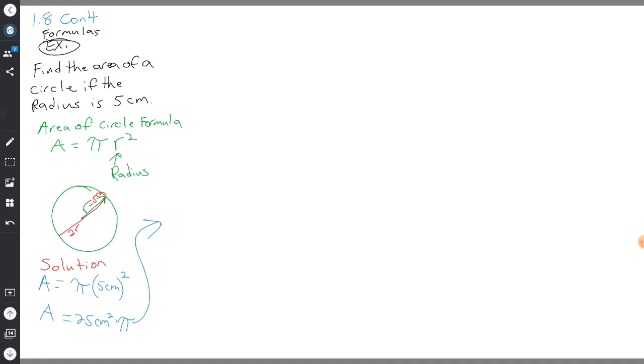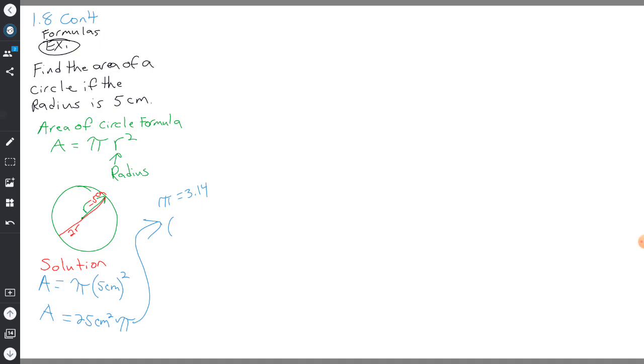If it gives you the value for pi, we're going to use 3.14.